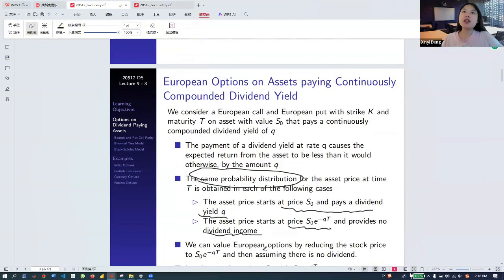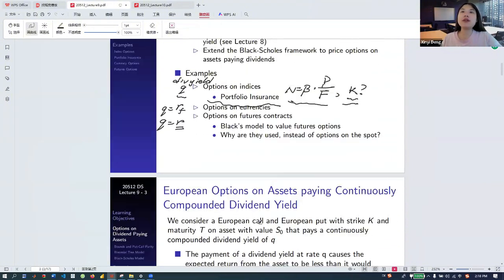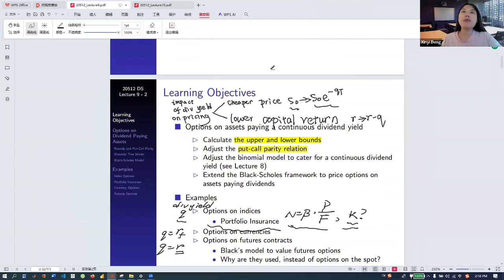The intuition is that a stock with dividend yield is just like a stock that starts with a cheaper price, but of course with the same return r.